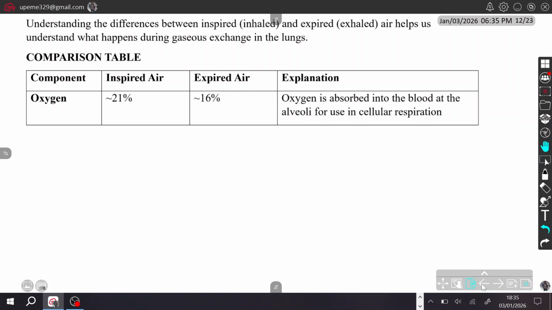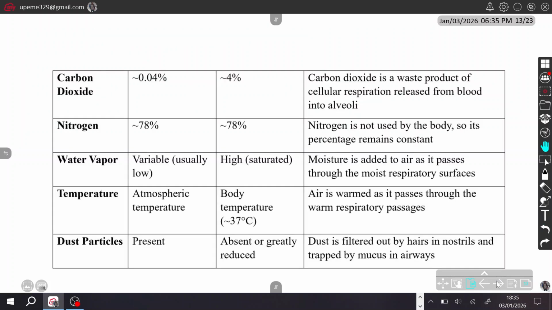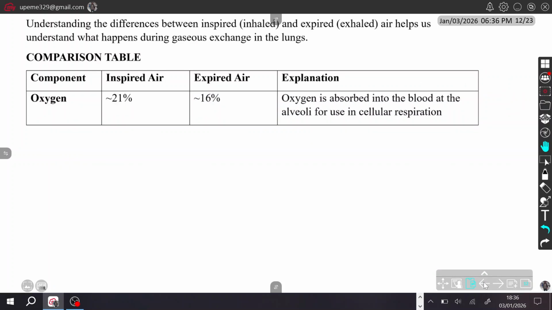The other one comes out because it may not be needed? No, that is a wrong explanation. Why this 16% comes out is because when you breathe in, air doesn't take much time to stay there, so that all of it is diffused.